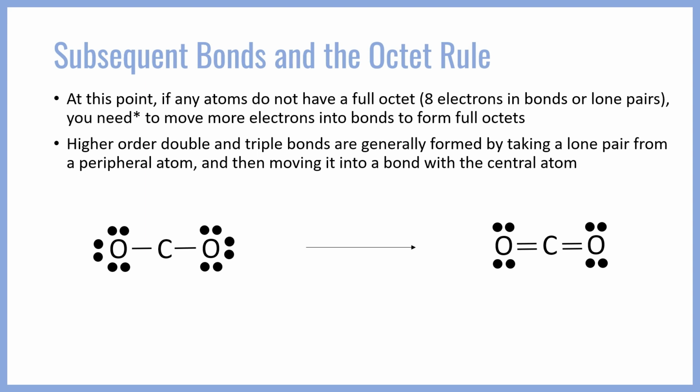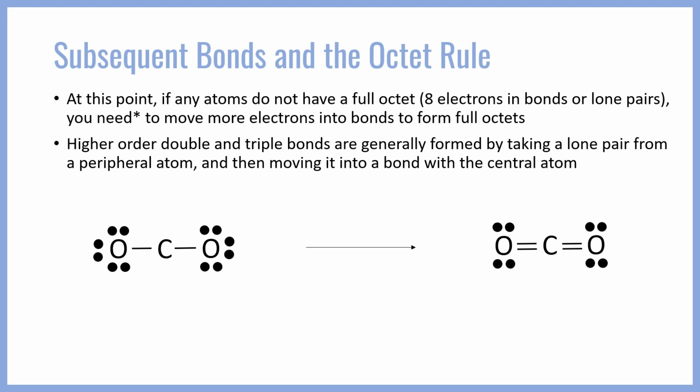So the strategy that you want to take with this is essentially to go ahead and find the deficiency in the central atom and then start moving around lone pairs in the peripheral atoms one at a time. In this case, they're both equal and we need 2, so we just did them both at once. But you want to do them one at a time to go ahead and fill up your octet in the central atom. And once you do that, you're done.